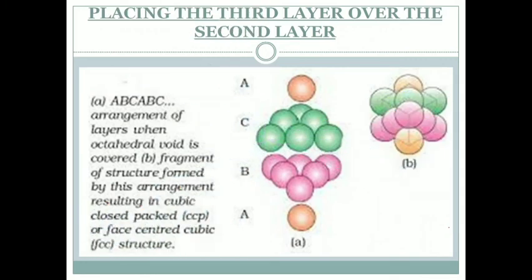And you can see here in the three-dimensional arrangement, this is the second layer, this is the third layer, this is the second layer, this is the first one. So ABC pattern. And this one is CCP or FCC, you can say, the structure of arrangement formed by the FCC pattern.